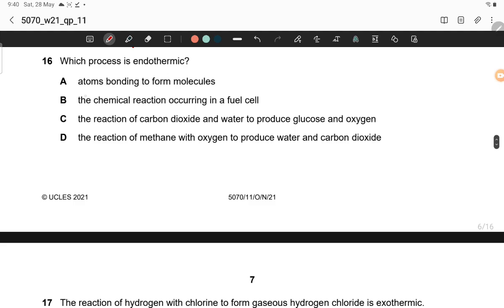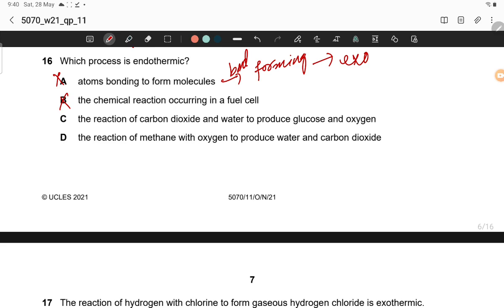Which process is endothermic? Atoms bonding to form molecule. This is bond forming, so this is incorrect. Bond forming is not endothermic, it is exothermic. The chemical reaction occurring in a fuel cell is an exothermic reaction, so this is also not correct.